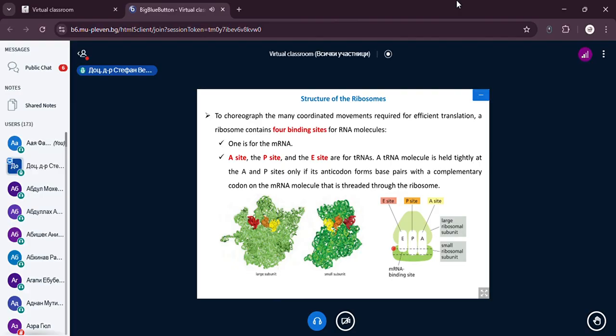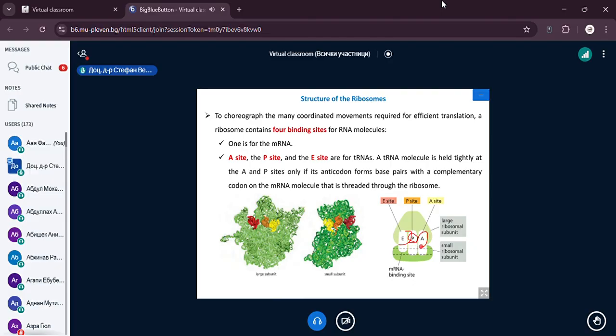Then both small and large subunit have 3 additional binding sites. One is called the A site, the other is called the P site, and then the E site. These binding sites are for binding transport RNAs.